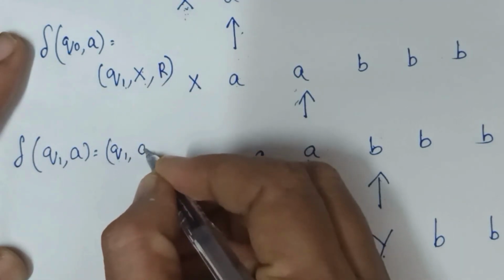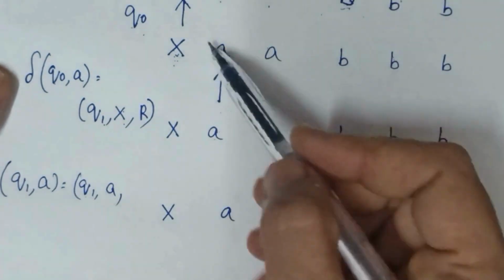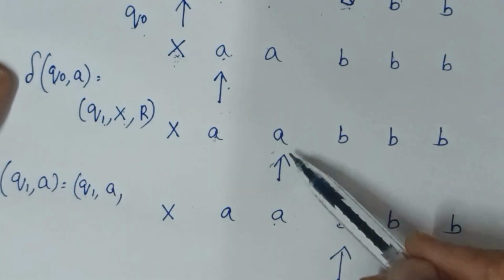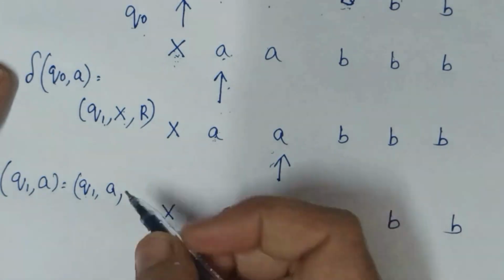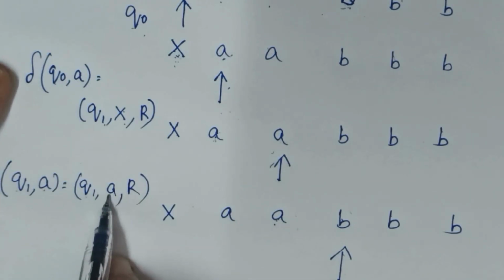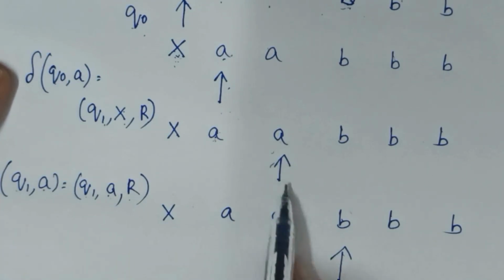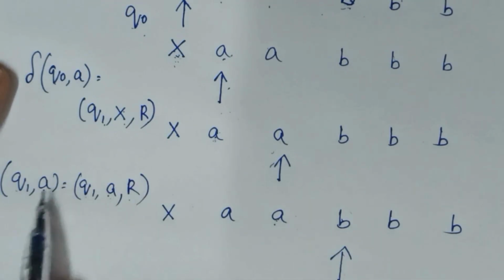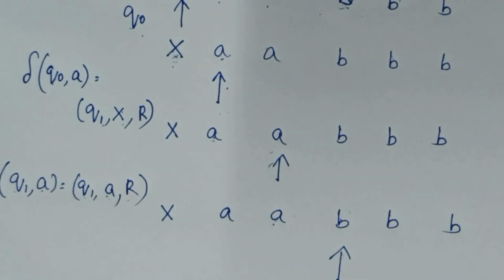A is replaced with A only and moving to right. So Q1 on reading A, writing A and moving the header to right. The state will be the same because the same task is performed again and again, so don't change the state.